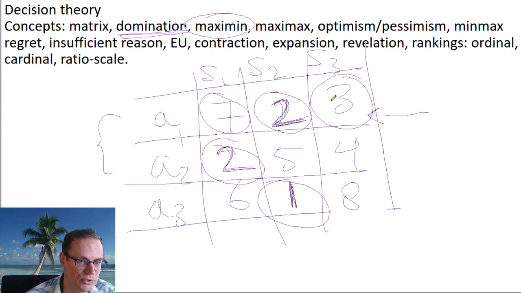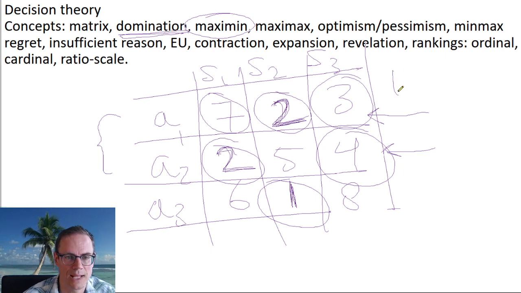That's true, but the second worst for A2 is better than that of A1. And that's called Lexi-min, which is a slightly more sophisticated variant compared to Maxi-min.